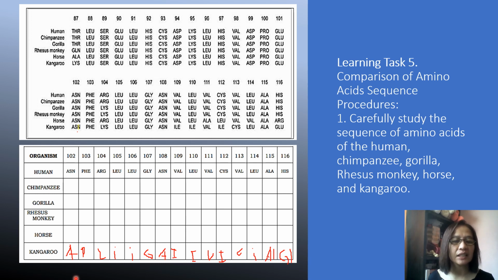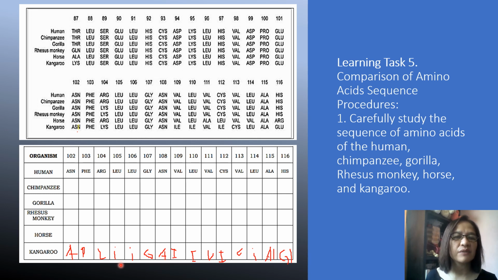So, tingnan natin, ilan yung pagkakaiba. Parehas silang mayroong asparagine, phenylalanine. Parehas silang parehas nga ba? May arginine. Hindi, kasi sa human, arginine, sa kangaroo ay lysine. So, isa na yon. 1. Ilan lahat?